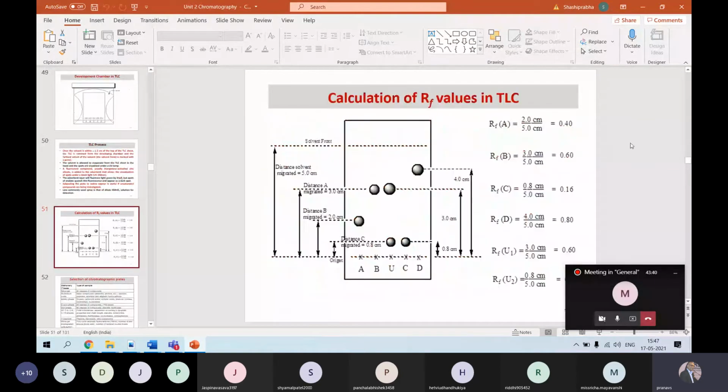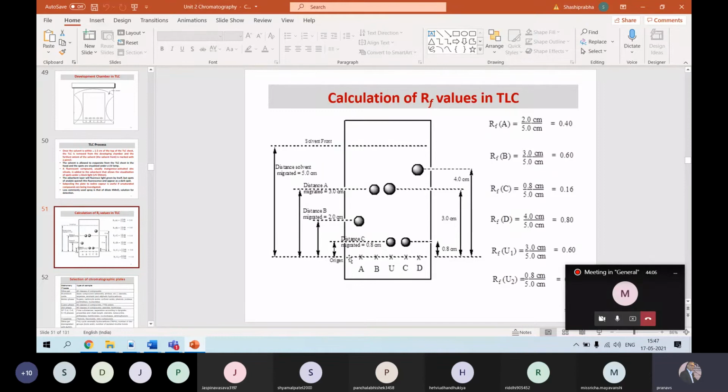And now this slide tells us how we calculate the RF values, which are very important, because these are the characteristics of a particular analyte under a given system, under given conditions of mobile phase. Now, as you can see, there are a number of spots which were kept, and then you are supposed to find out the distance which each has traveled.